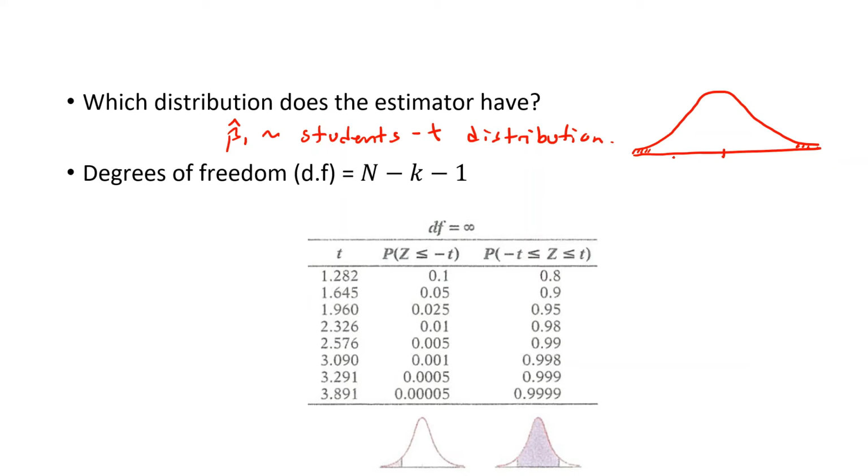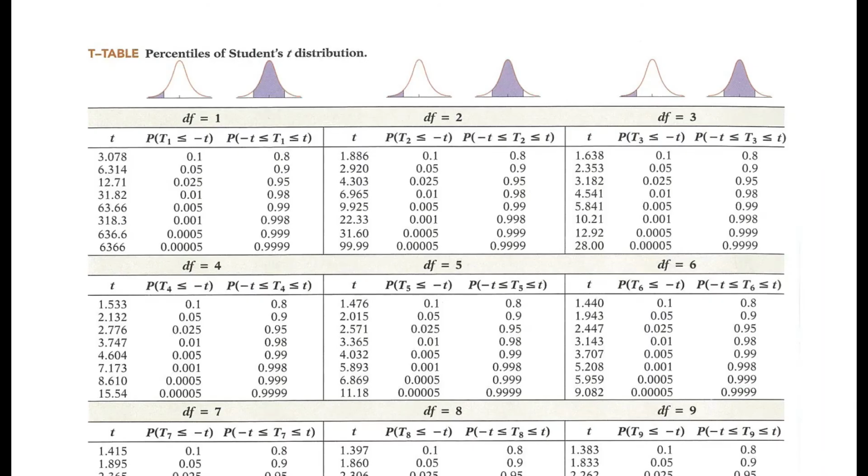So for example, if you have more than 300 degrees of freedom, then you might use the normal distribution. So what is the degrees of freedom? Well, it's the number of data points, minus k, which is the number of slopes in your regression, right? And minus 1.